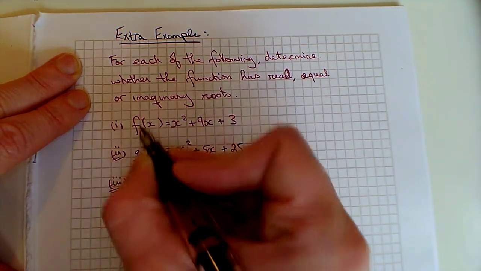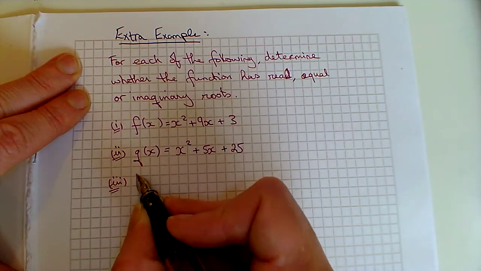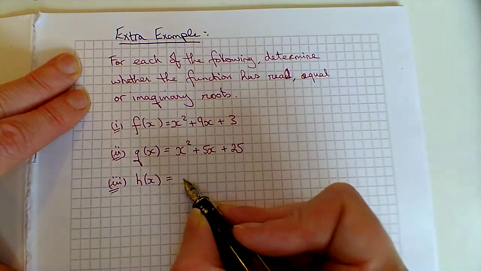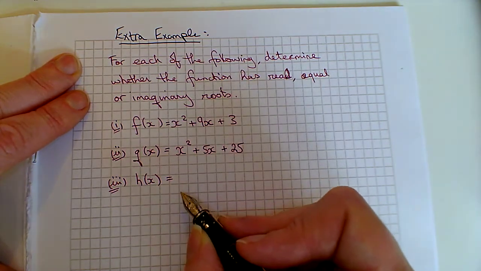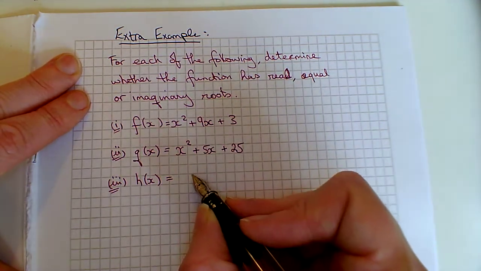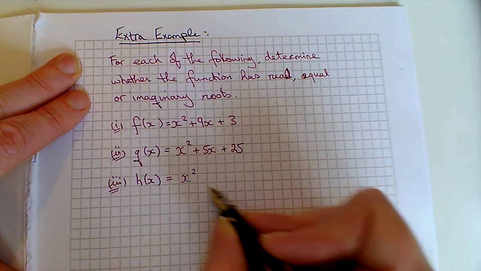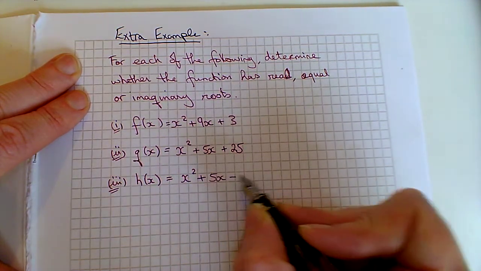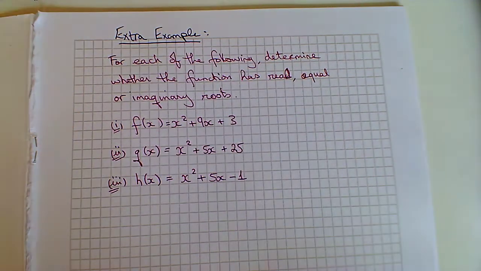And the third one will be h of x. These are just function names, which we're used to from junior cert. We just haven't seen them in a while, maybe. So h of x is x squared plus 5x minus 1. Okay, so we're going to determine the nature of the roots.